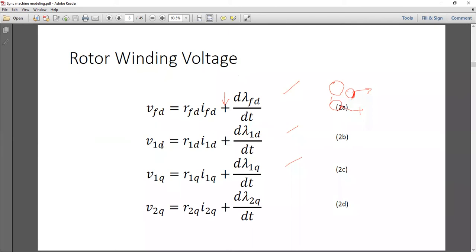V1D is on the D axis, and we said that V1D, V1Q, and V2Q will only become non-zero when there is a transient or dynamic situation. Otherwise V1D, V1Q, and V2Q will all be zero. However, their current directions are assumed positive, going into the circuit or set of coils, so you don't see any minus sign here. All of them are positive.